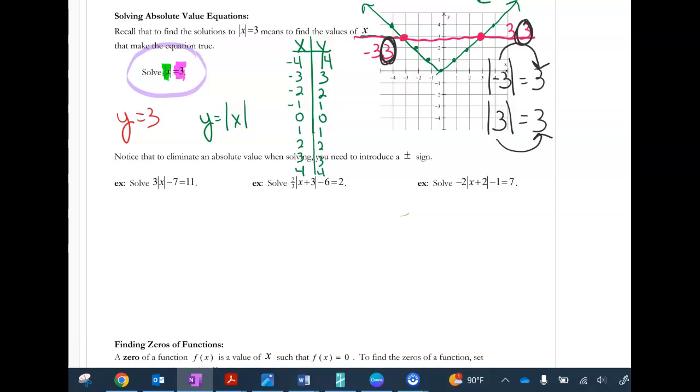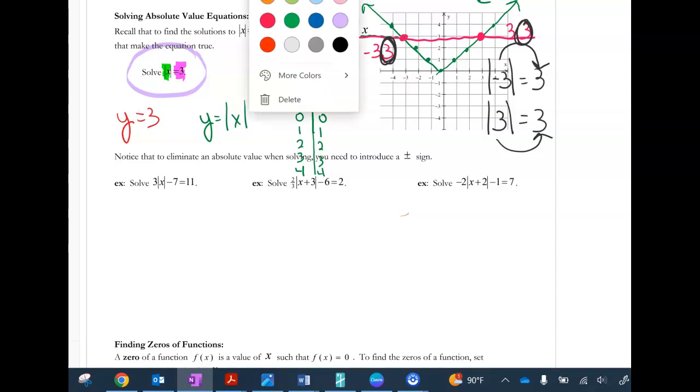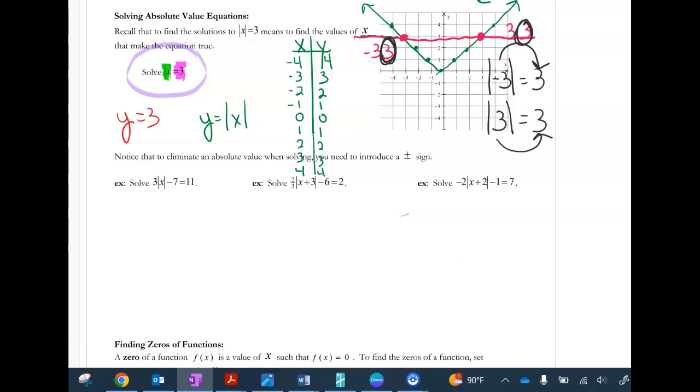So what I'm going to be doing is I'm going to be solving for x. I just need to get x alone, but this time x is going to be in these bars. So what I'm going to have to do is not isolate just the x, but I'm going to isolate the bars so that I get something that's just only the absolute value bars equaling something on the other side.